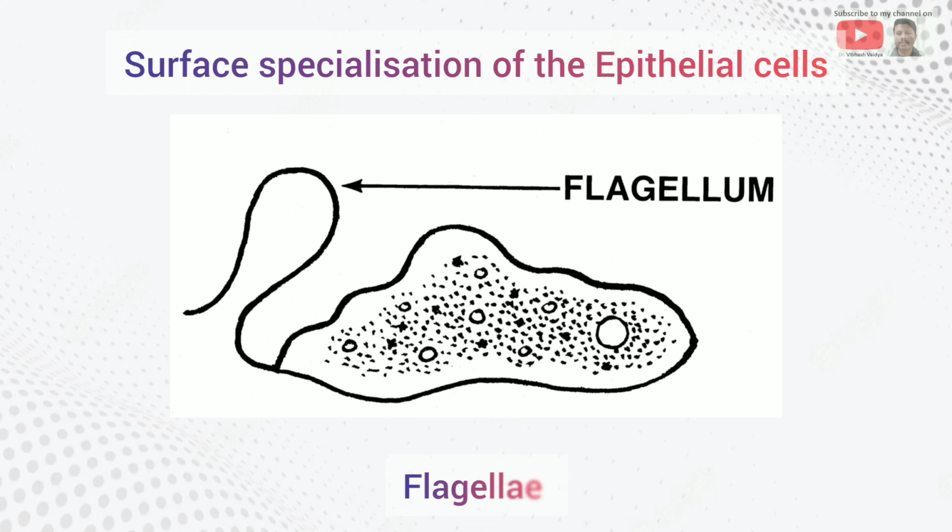Now flagella. Flagella, like cilia, are longer. A cell usually has 1 or 2 flagella. In humans, spermatozoa are the only cells which bear a flagellum.